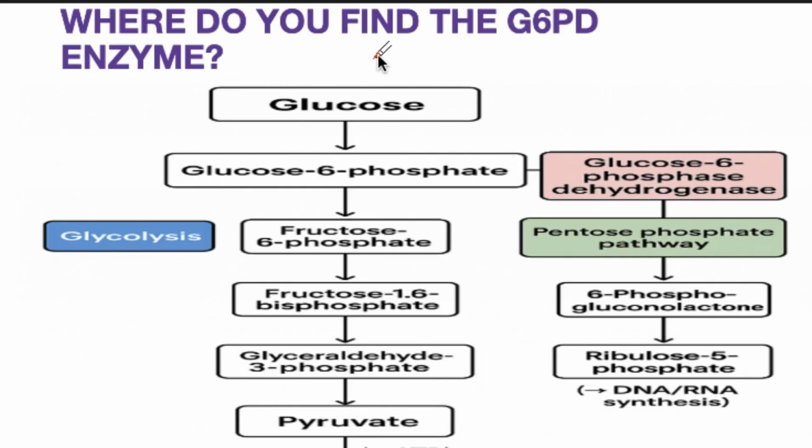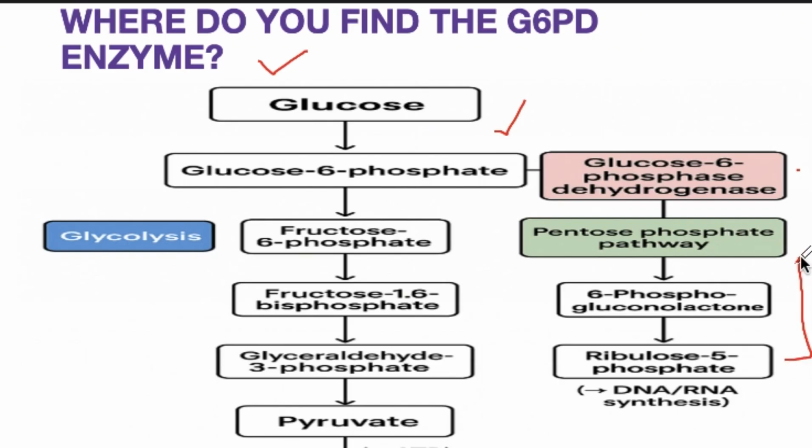We switch the gear to the clinical biochemical pathway. The next question to ask is, where do you find the G6PD enzyme? Displayed on your left hand side is the glycolytic pathway, and on your right hand side is the hexose monophosphate pathway.